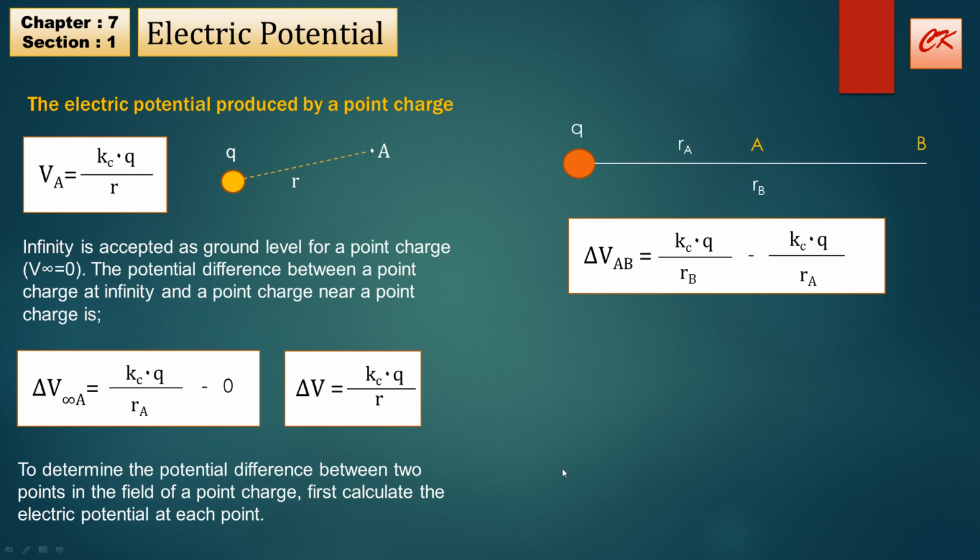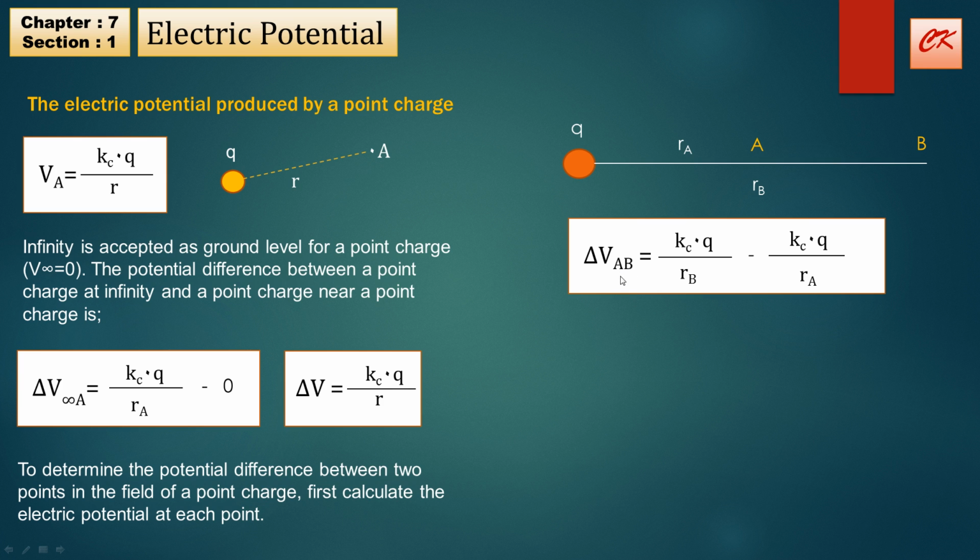Let's understand it with a simple image. Now, instead of infinity, assume that this test charge is brought from A to B. So what is the potential difference AB? A charged particle moved from A to B, so the potential at A and the potential at B are compared.